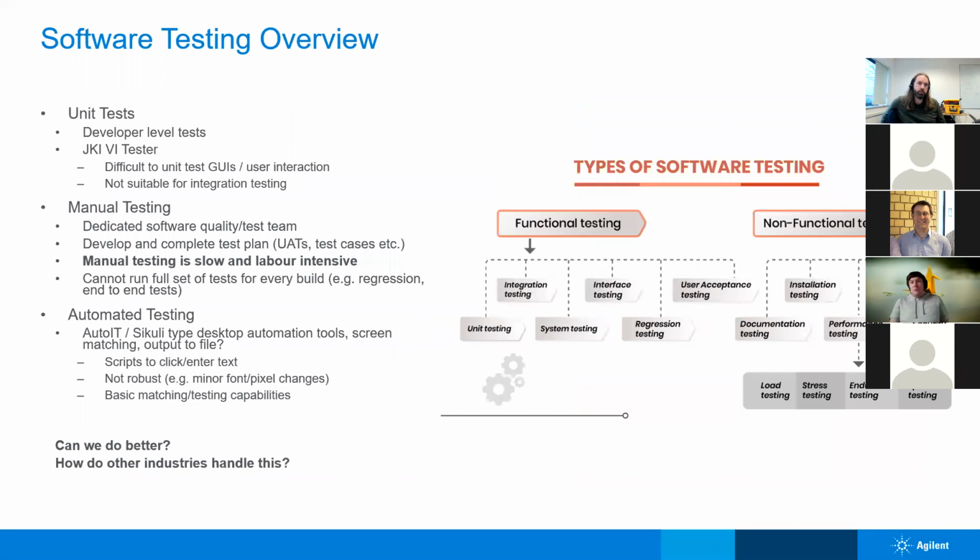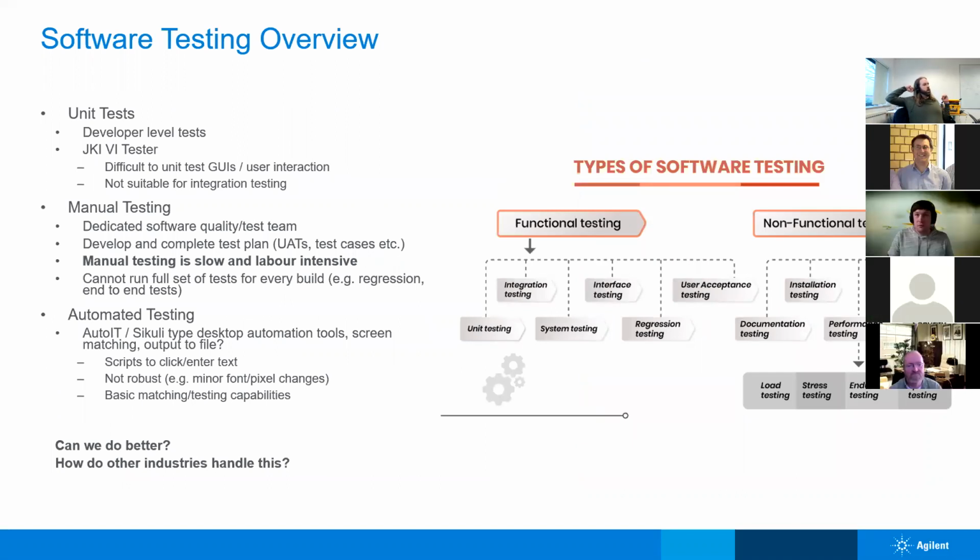Software testing. I'm not going to go into much detail, but we've started increasing our level of unit testing, using the JKI VI Tester, which is something that James got me into, and we've been doing a lot more of that recently.